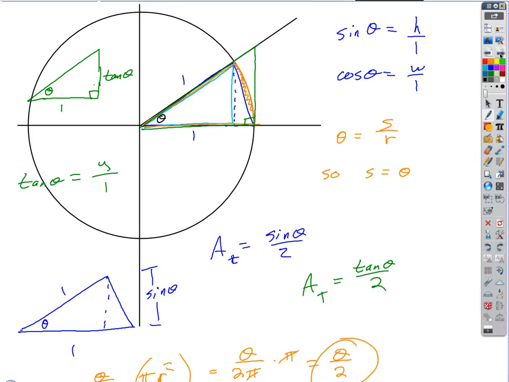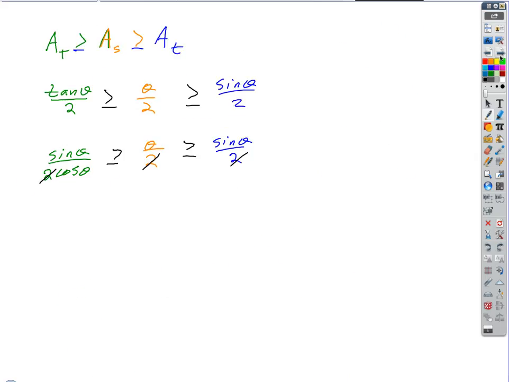Agreed? So if I divide each of these quantities by sine theta, or multiply by 1 over sine theta, same thing, I should also preserve the order, because I'm multiplying by the same positive number. Agreed? Are you with me? Okay, I can do that.